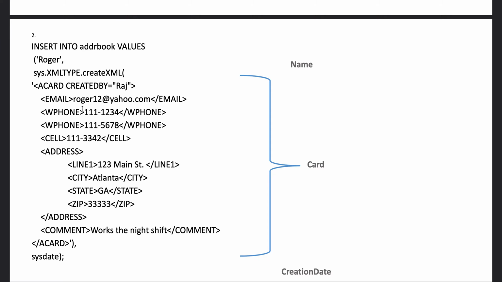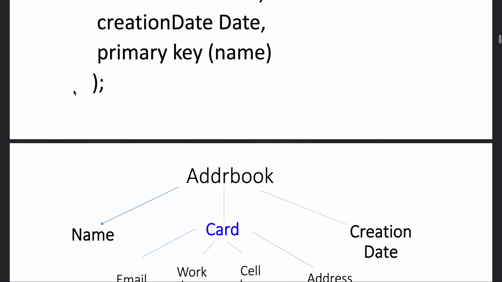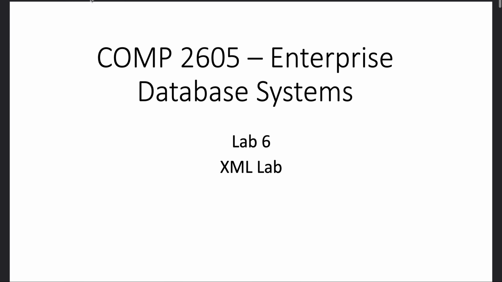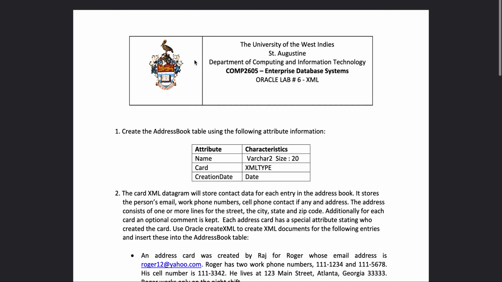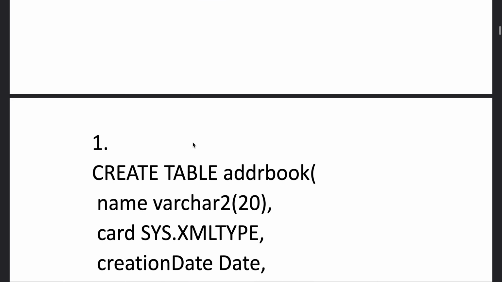I'm going to be able to store these details in this one card attribute. So remember, when we created the table, we only had 3 attributes. We would only use these three attributes here: name, card, and creation date. This is how these are employed.